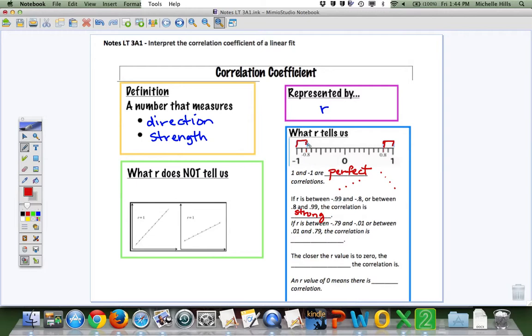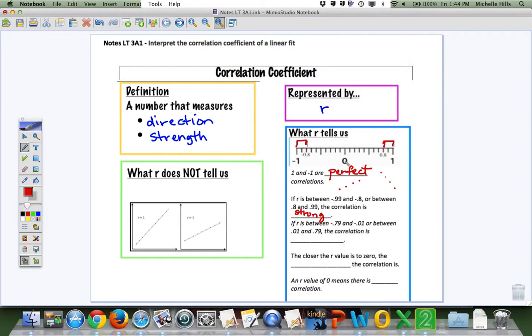The reason I say you're going to see some variation, depending on what texts or websites you go to, is they might say it's anywhere from 0.7 to 0.99. I've even seen some that say from 0.5 to 0.99 can be considered strong. For this class right now, we're going to say from 0.8 to 0.99 and from -0.8 to -0.99.